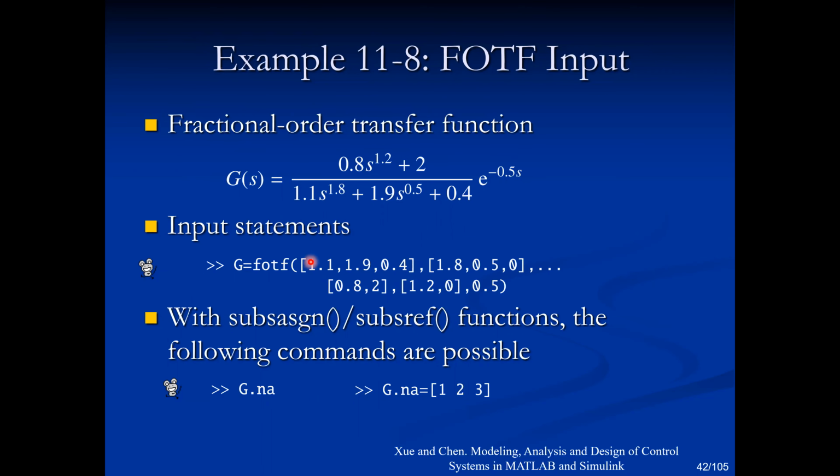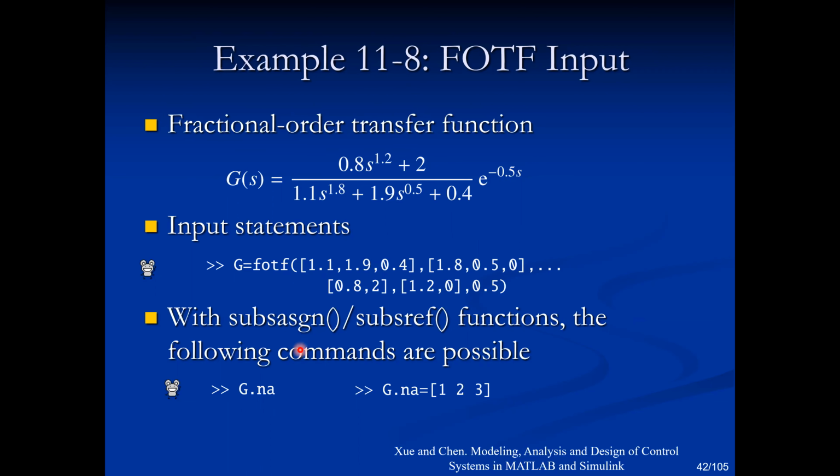Then you have the orders. The first two vectors are for coefficients and orders. So 1.8, 0.5. The last one is s to the power of 0. So for the numerator, 0.8 and 2 are the coefficients, then 1.2 and 0 are the orders, and 0.5 is the delay. So that is the interface of FOTF.